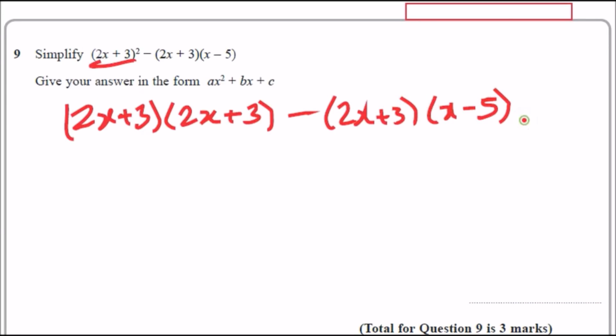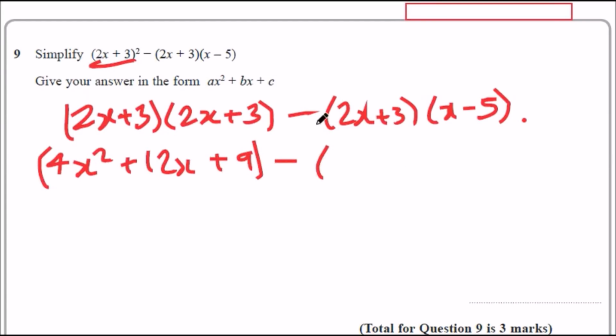I'm going to expand this conveniently quick here. So using FOIL, 2x times 2x will give us 4x squared. 2x times 3 is 6x. 3 times 2x is another 6x, meaning we have 12x. 3 times 3 is 9. So that's the first set done. Minus, let's do the second set. I'm keeping a bracket because we need to multiply everything by a negative sign in the end for the second.